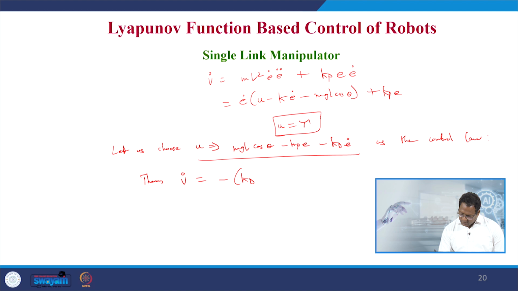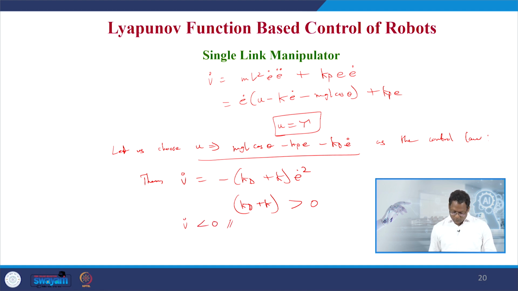In order to fit into the above equation for V dot, V dot becomes minus (Kd plus K) into E dot square, with the assumption that Kd plus K is greater than 0. Then we have V dot less than 0, which implies that E dot tends to 0 and E double dot tends to 0, but it does not imply that E tends to 0.